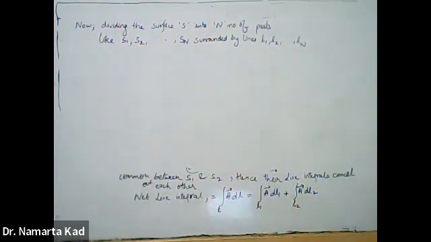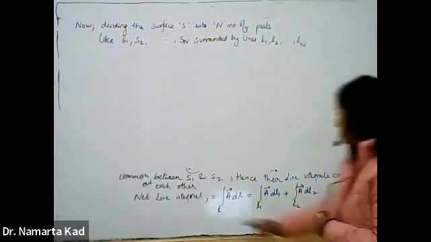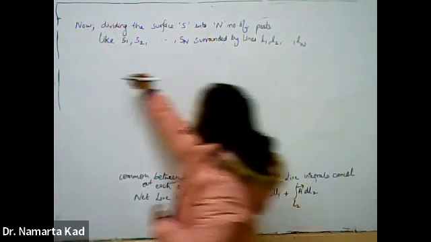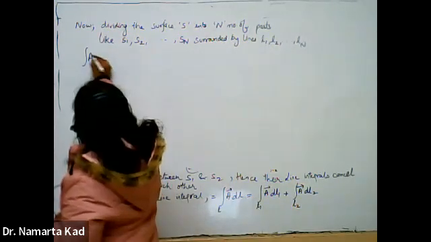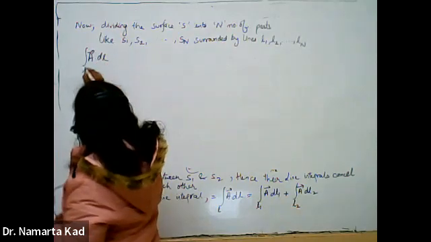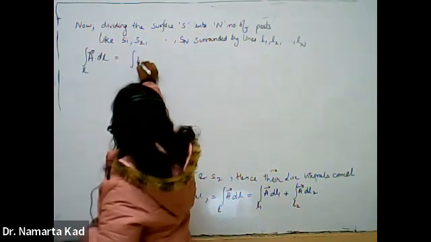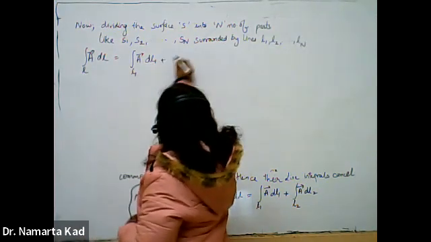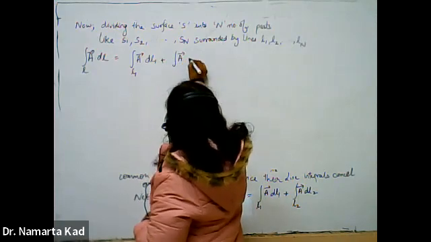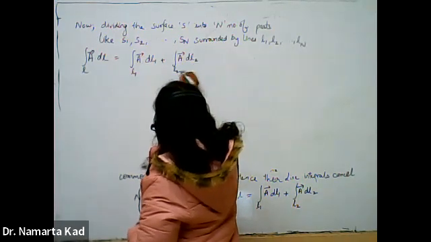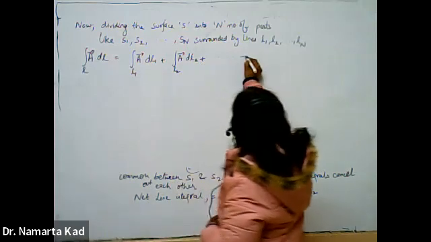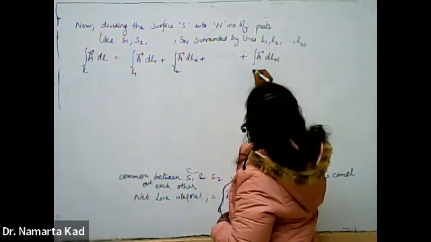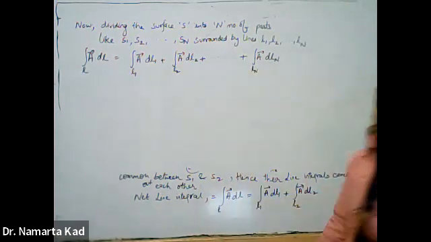Okay, so in the similar way, it can be written as A vector dot dl, the line integral, equal to A vector dl1 L1 plus A vector dl2 L2 plus and so on, A vector dln, and here it is Ln.